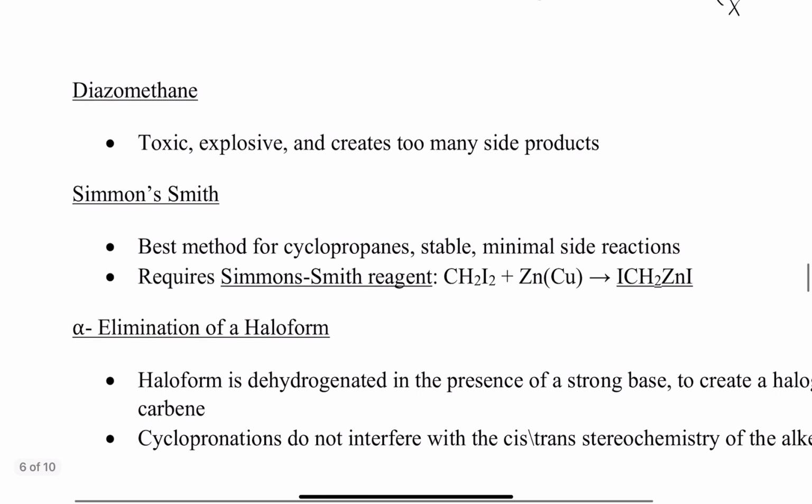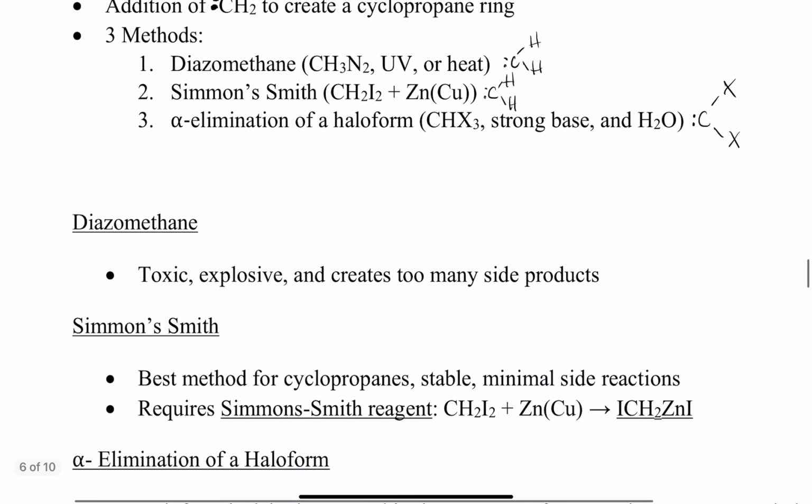The first method, diazomethane, it takes place in the presence of UV or heat, but diazomethane itself is very toxic and it's very explosive. It creates way too many side products, and this is just a terrible method to create a cyclopropanation. So this isn't really seen much.